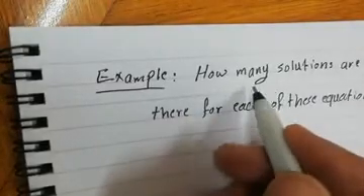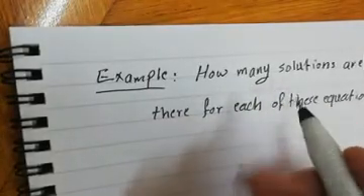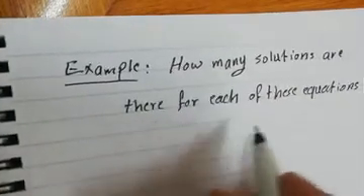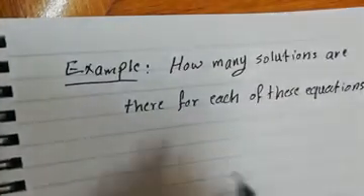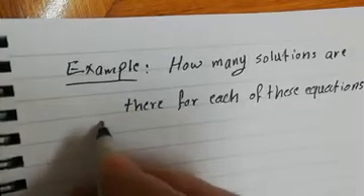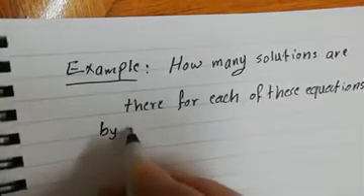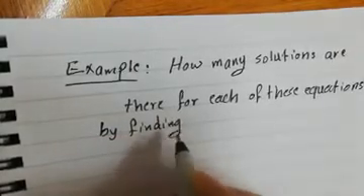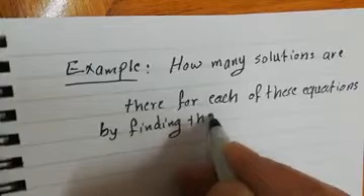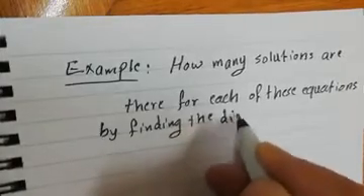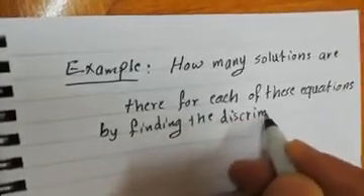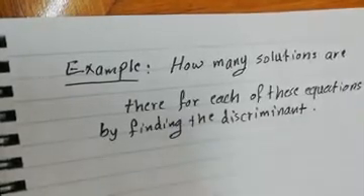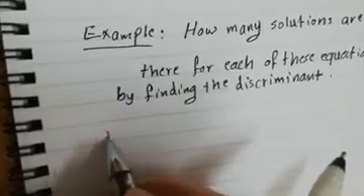Only tell me how many different solutions. If there is none, we will check by finding the discriminant.